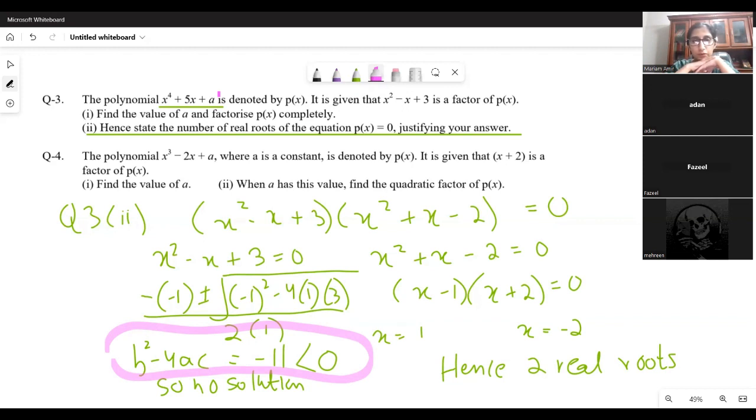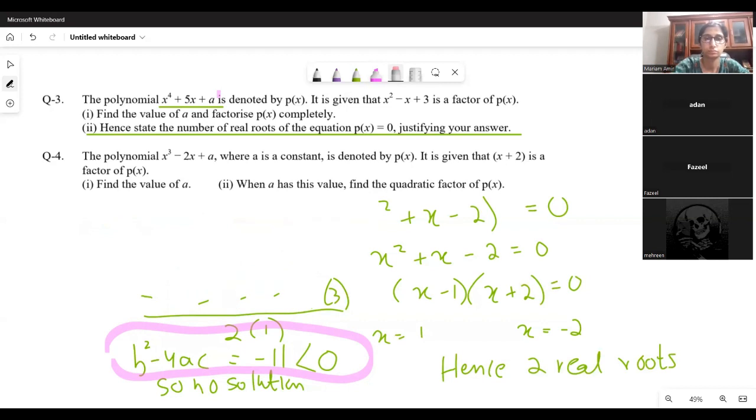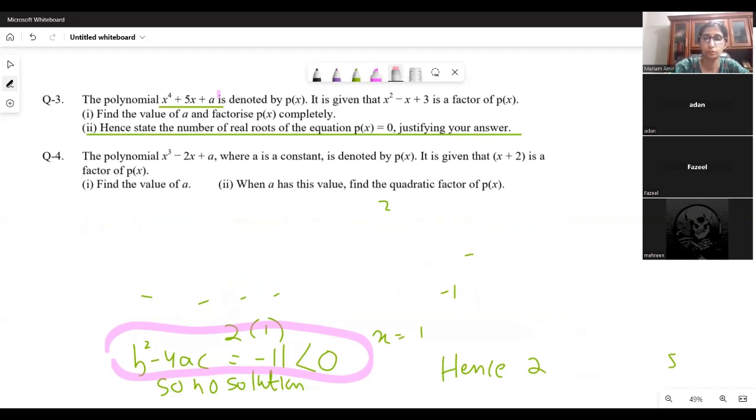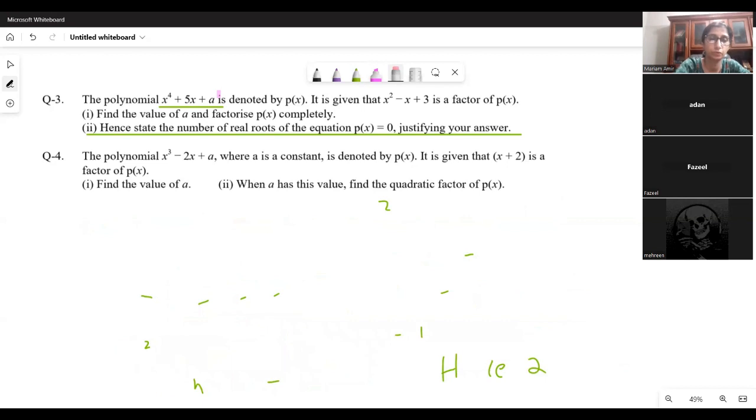When a has this value, find the quadratic factor of p(x). So once you have a, you need to do long division and find the quotient. What's the value of a in question number 4, part 1? 4 आ रही थी मैम। So x cubed minus 2x plus 4 is the dividend.